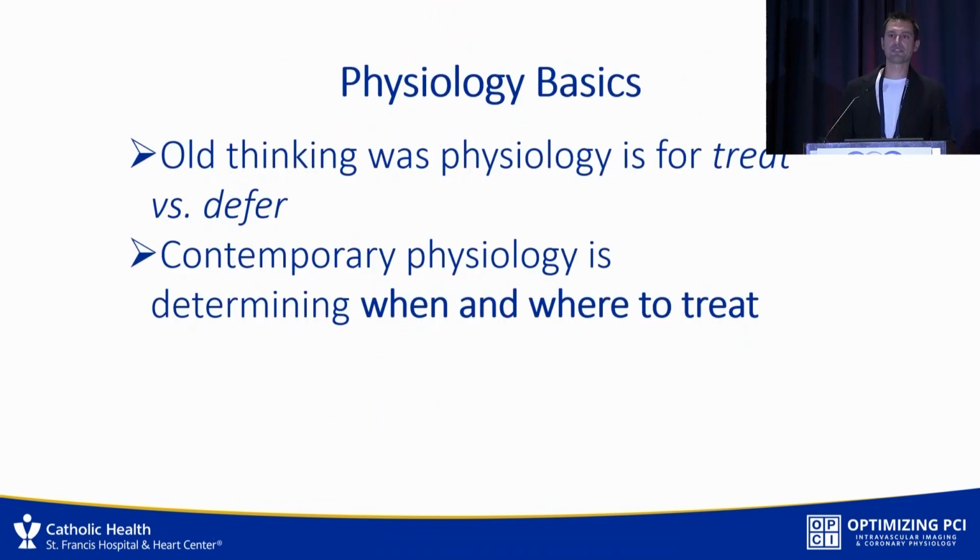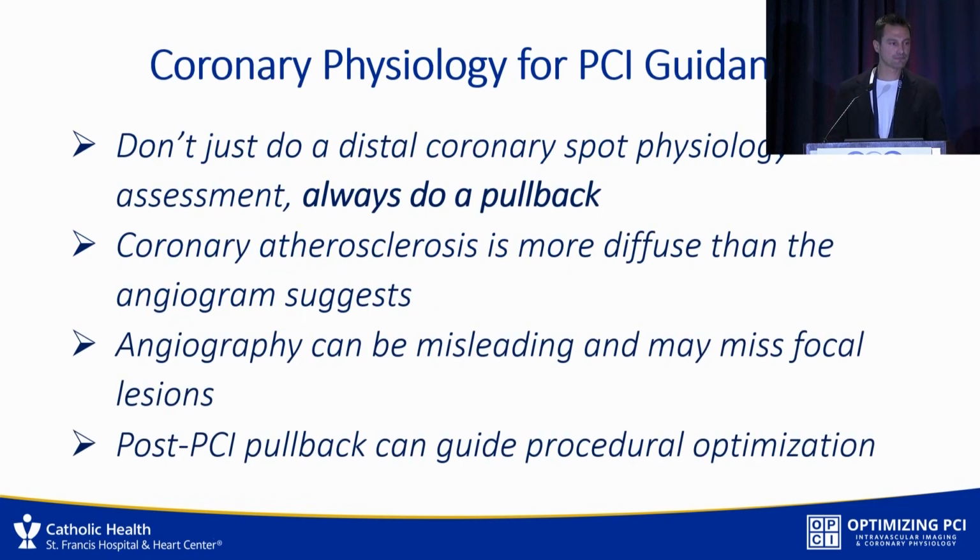The old thinking of physiology is just for a decision of treat versus not treat, as in a light switch, and there's so much more information we could gain from physiology. Contemporary physiology is really using the information from the physiology to guide the best way to treat. And just some key points. Don't just do distal coronary spot physiology for your indication.